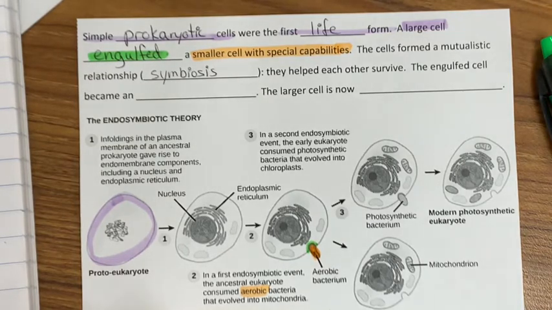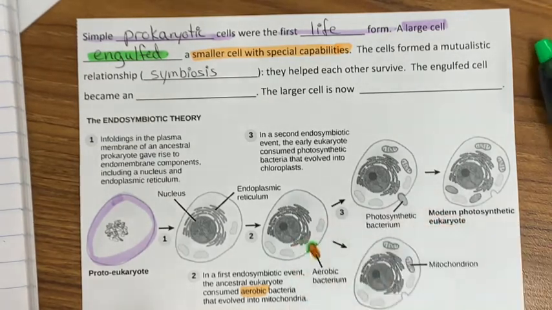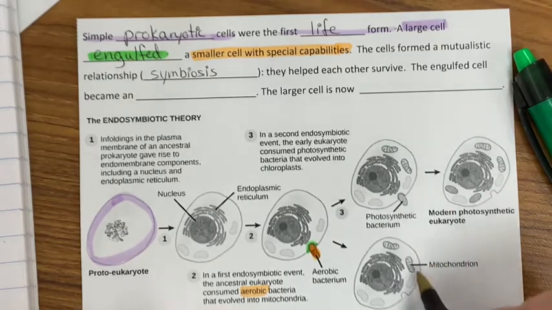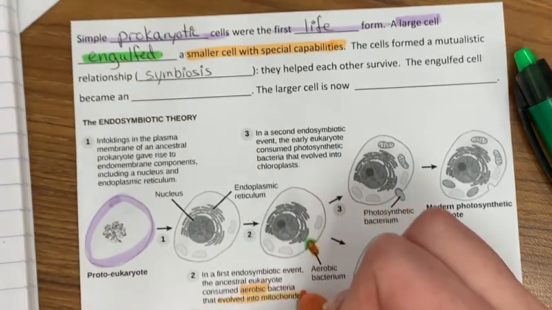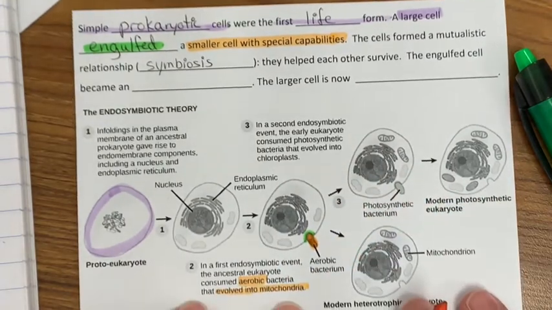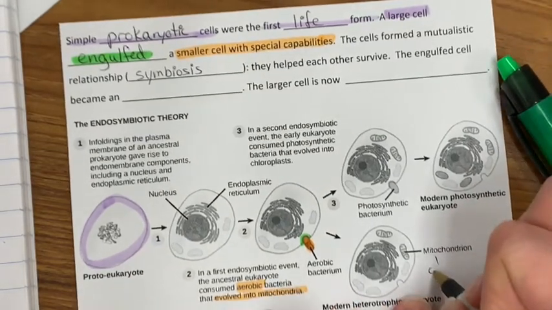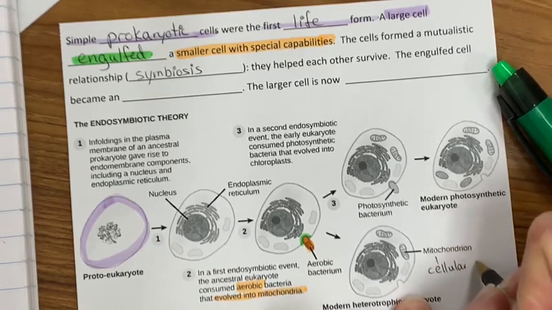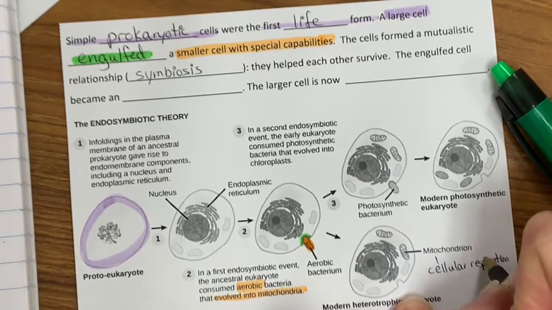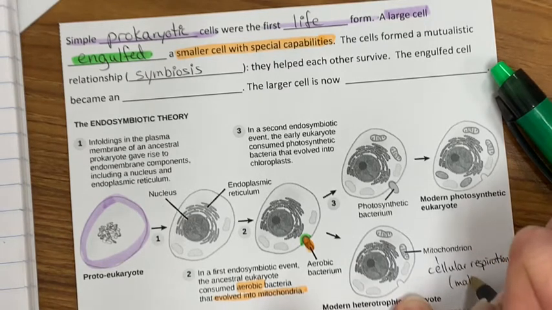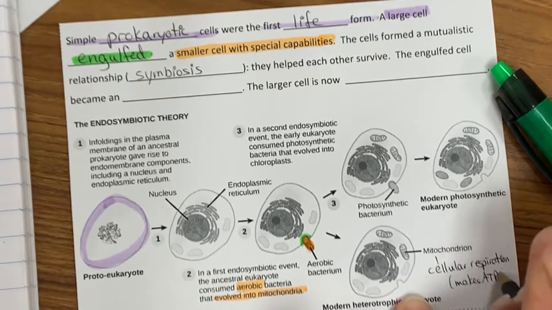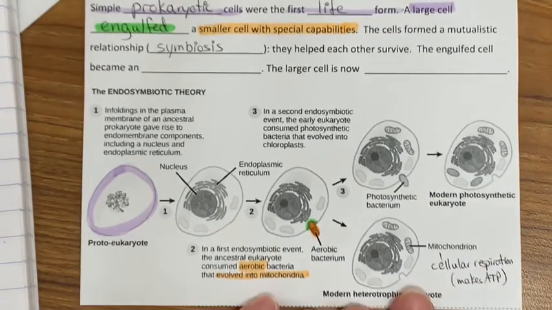And so it went in and it evolved into the mitochondria. So this little aerobic cell evolved into what we now have, the organelle, the mitochondria. The mitochondria does the cellular respiration in the cell. That's its function. It makes ATP. That's what the mitochondrion does.